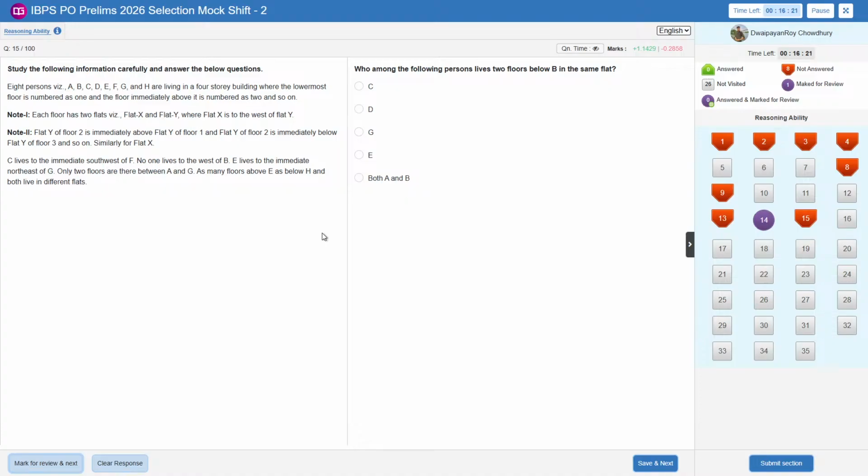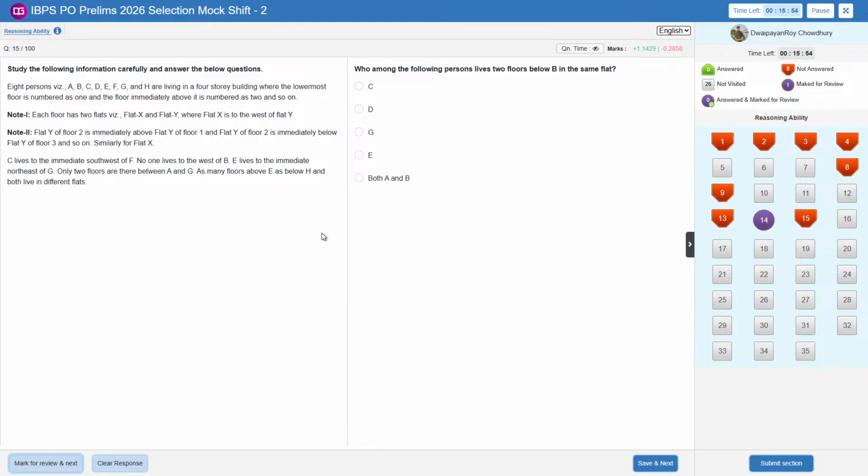E, G, H different flats. A, G, but G, F, C, and A, B. Now the other person was who? E, A, B, C, D. So D was missing. D slots in here.